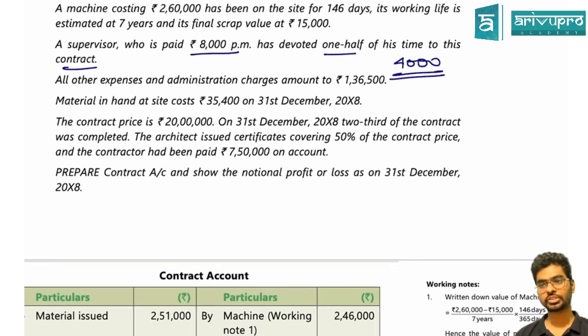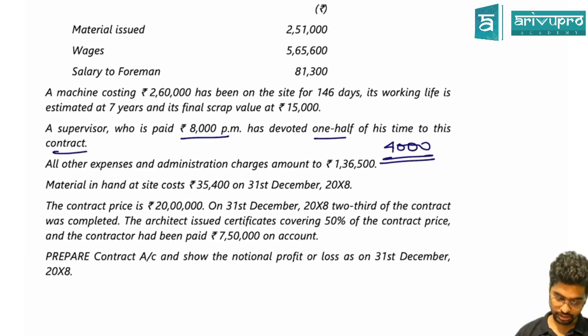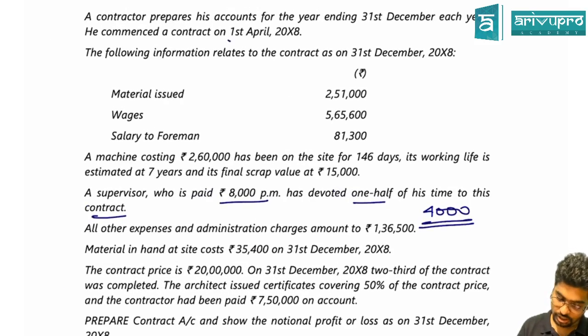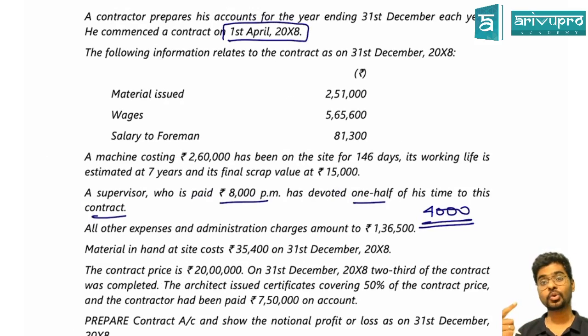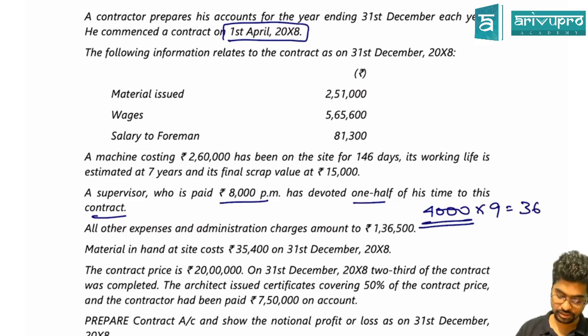Correct. For 9 months. Why? Because the starting date of the contract was 1st April. That's why I told you every time write the date of the contract so it becomes easier. So supervisor's salary will be 36,000.